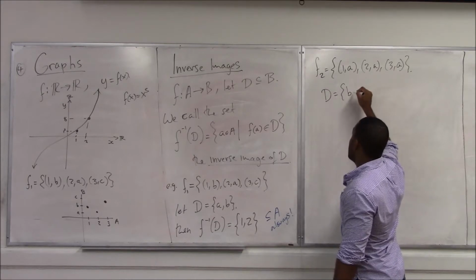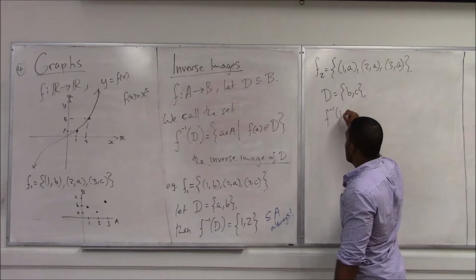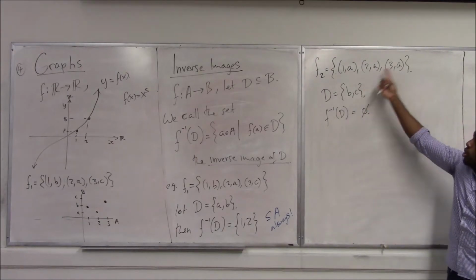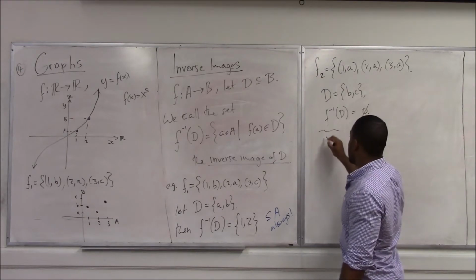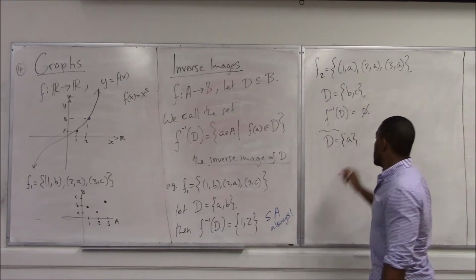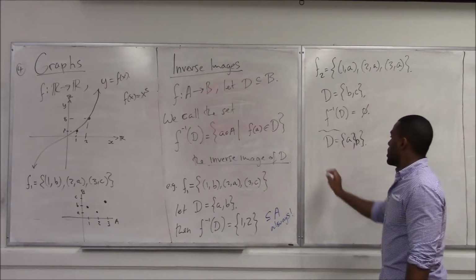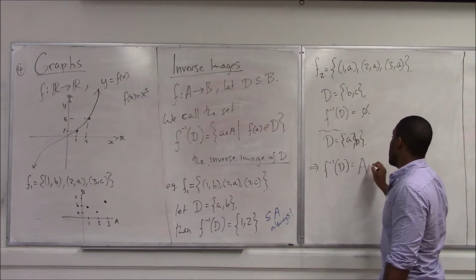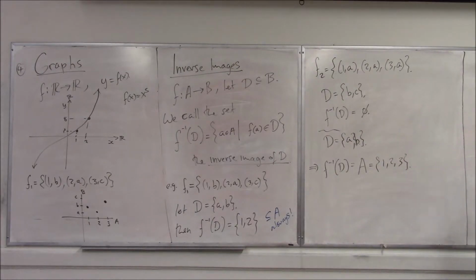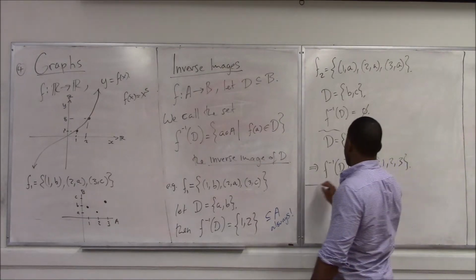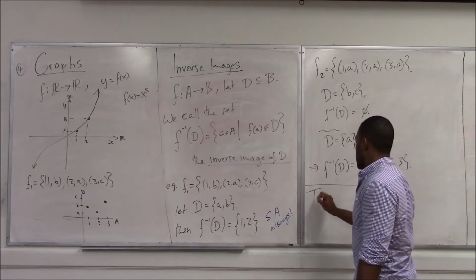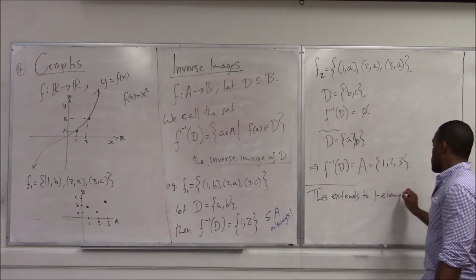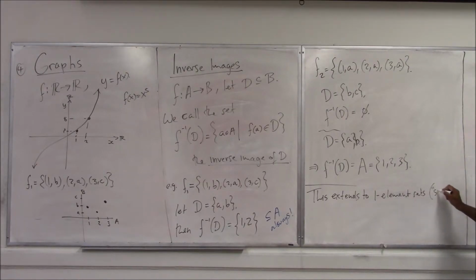So if my D was the set {B, C}, what is F inverse of D? The empty set, because under this function, no one mapped to B or C. I could also say if D were just the set containing A and B, then the inverse image of D is actually all of A. These are elements in A that map to some element in D. This extends to one-element sets, which we call singletons.